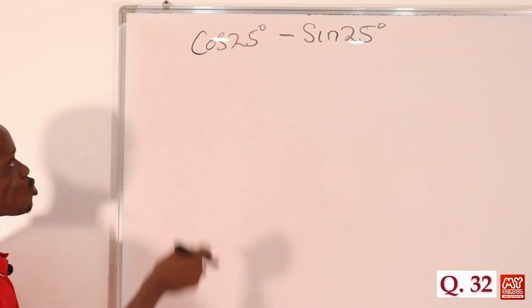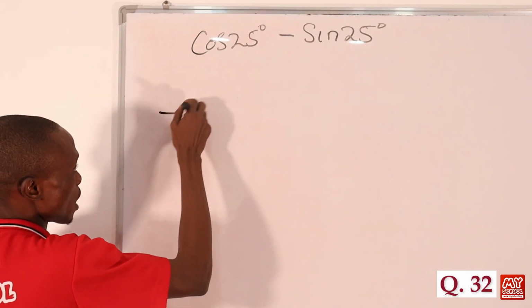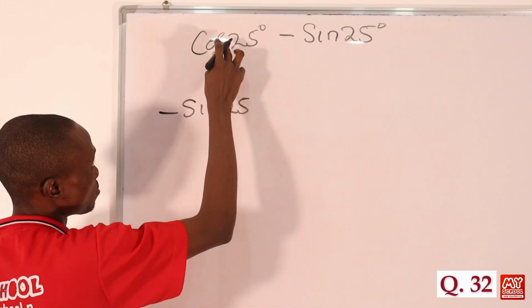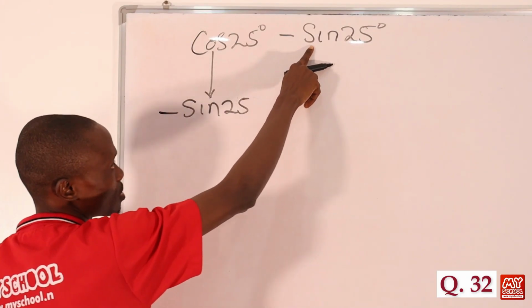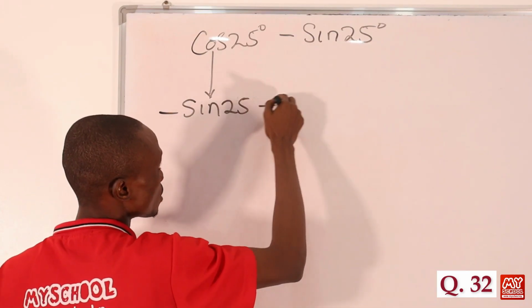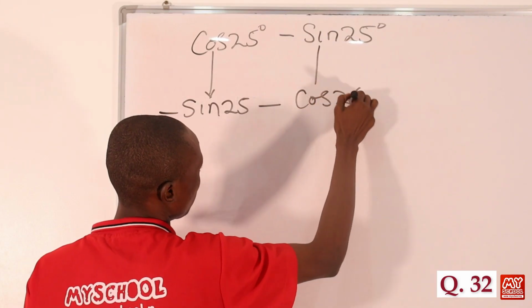But if you look at the options that are given to us, you find out that values are given to us there. Okay, so if we differentiate cos, we are going to have minus sine. So this cos 25 becomes minus sine 25. And if we differentiate sine, we are going to have cos, so that our sine 25 here becomes cos 25 degrees.